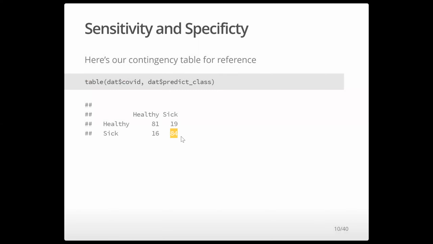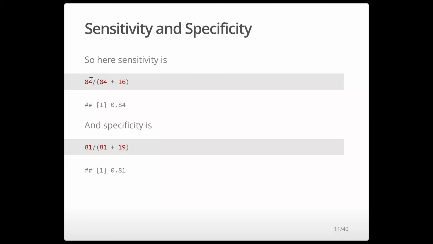Oh no, right, sick is positive. So true positives divided by true positives plus false negatives. False negatives are sick people who are classified as healthy. So that's my sensitivity, 84 divided by 84 plus 16, and then specificity is just the reverse. So it's the other elements.